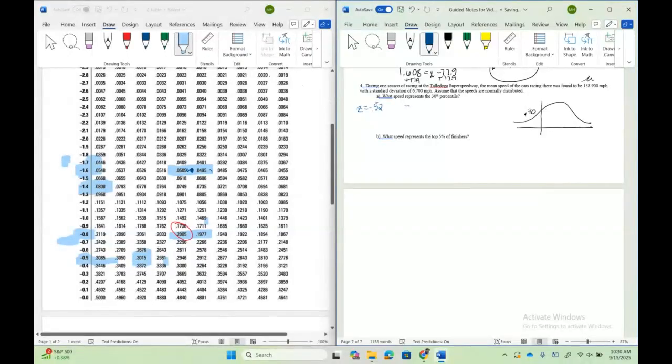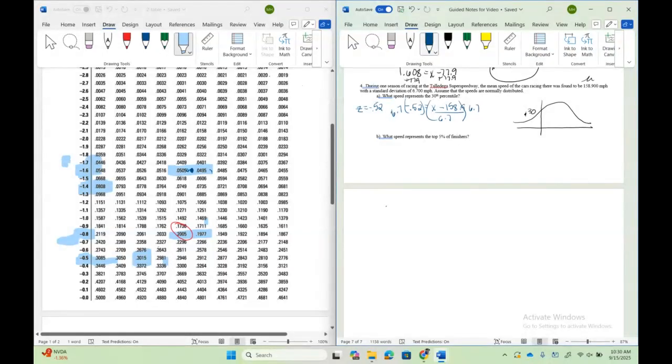So I'm going to do negative 0.52 equals x minus the mean over the standard deviation, and multiply by that denominator. Hold on, 6.7.